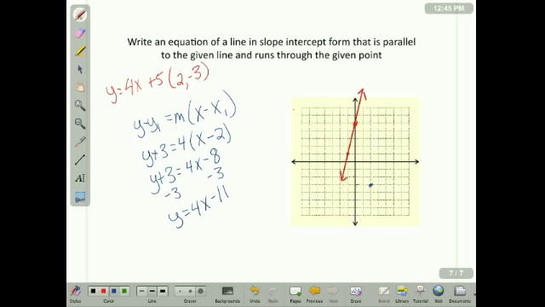Here's 1, 2, 3, 4, 5, 6, 7, 8, 9, 10, 11. We'll just have that. And there's my line.